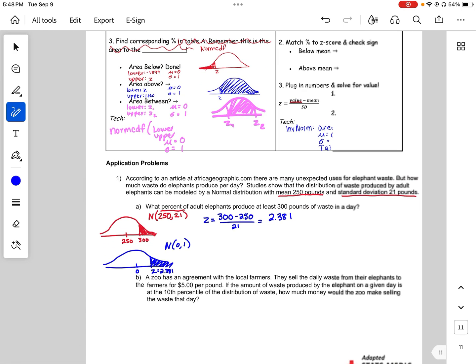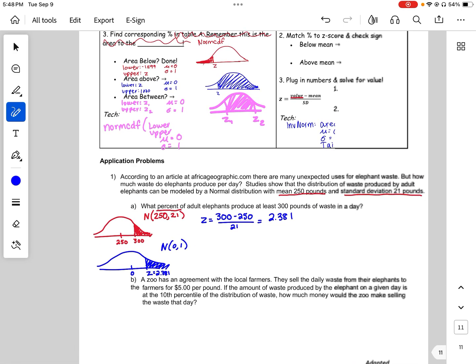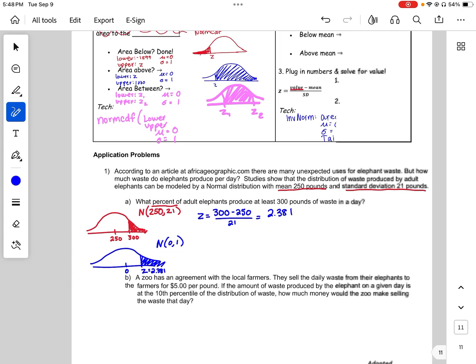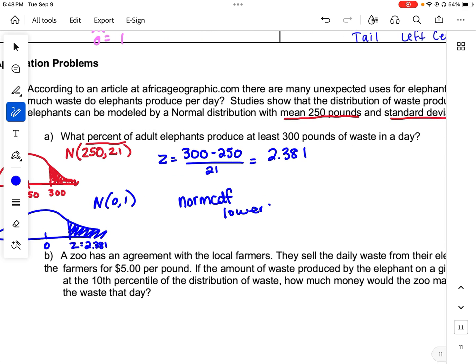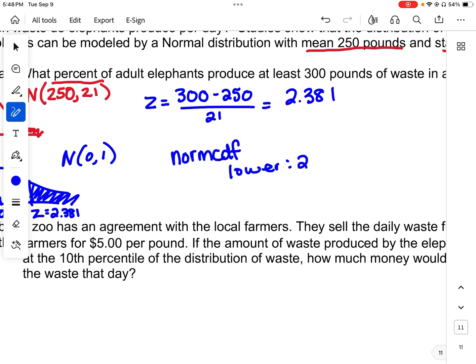Okay, and so then we are finding area above. So we are going to do the normCDF. Our lower is going to be our z-score, 2.381. Our upper is infinity, so we can put 1,000 for simplicity. Our mean is 0, and standard deviation is 1.